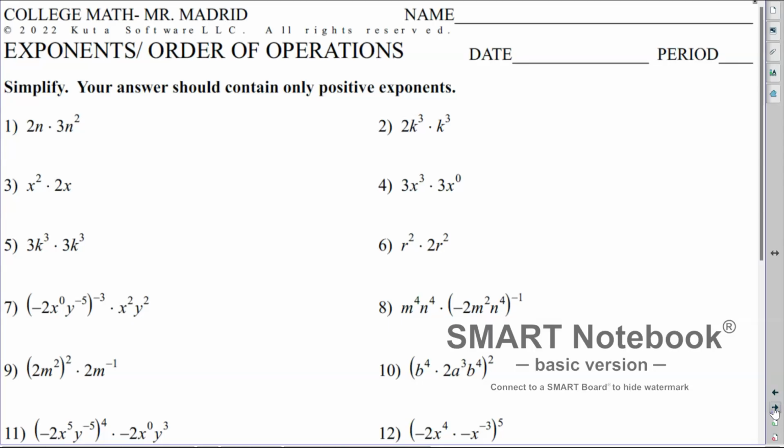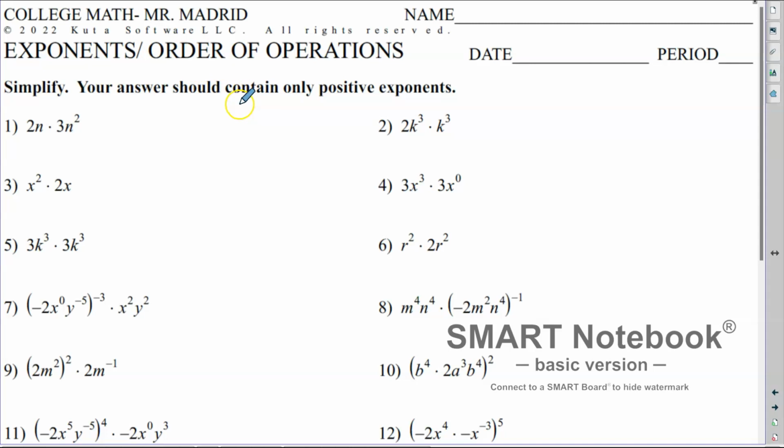Officially, the name of the lesson for this video is exponents and order of operations. We're going to have 36 problems, and they vary in difficulty and scope. The initial problems involve exponents, and the second half will involve order of operations.